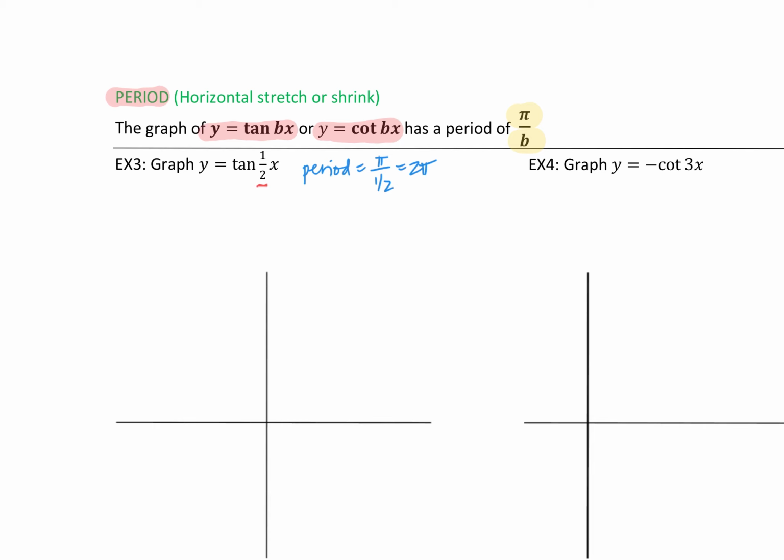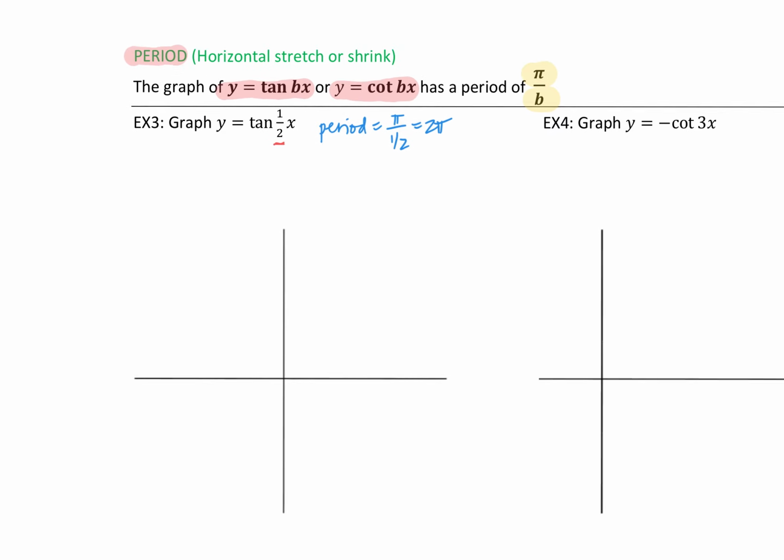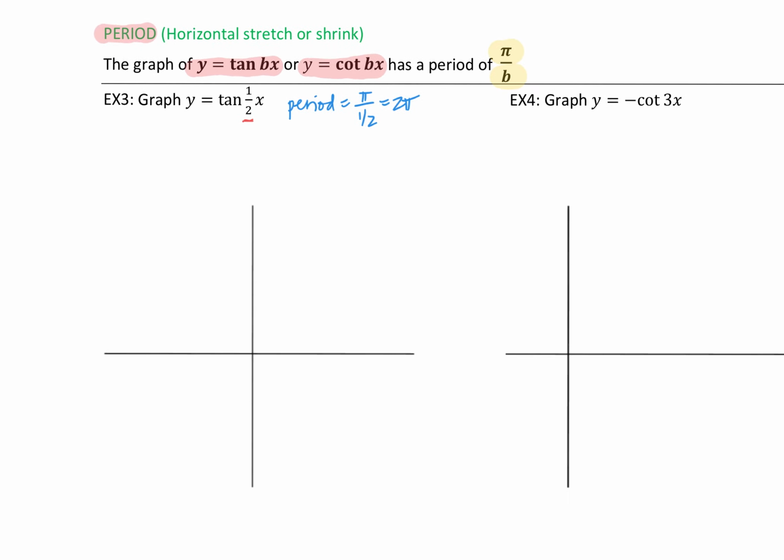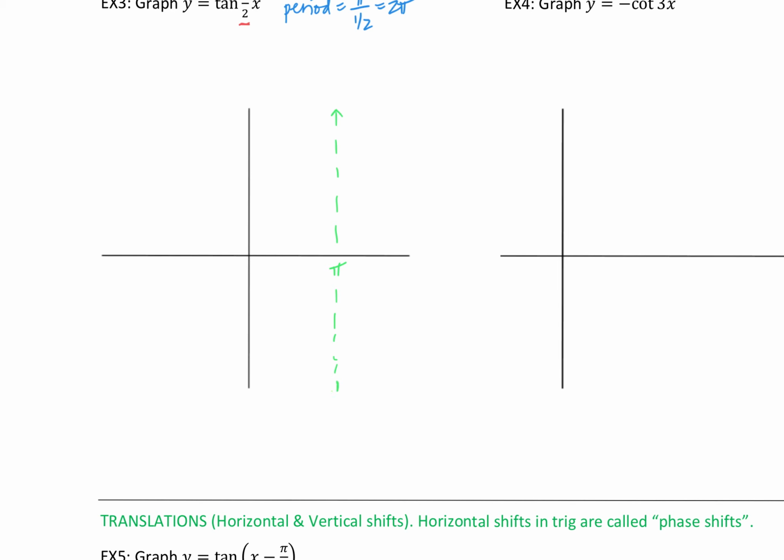So remember, the tangent, we typically graph it from negative pi over 2 to positive pi over 2. If I'm increasing the period to 2 pi, that means that the distance between those two asymptotes has to be a distance of 2 pi, which means that if I look on one side, I have pi, instead of pi over 2, and the other side we're going to have negative pi for our other asymptote.